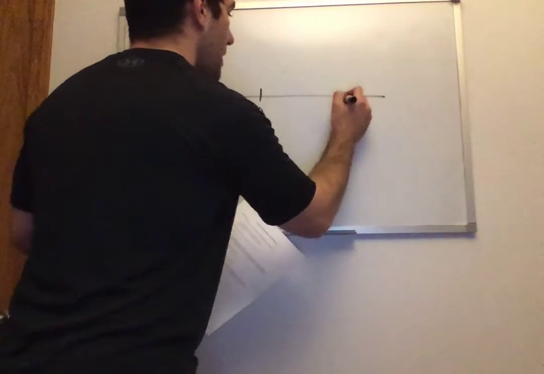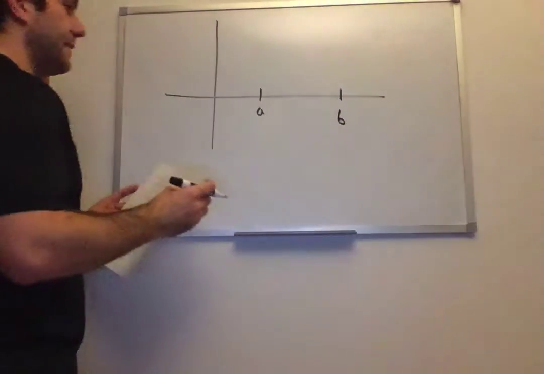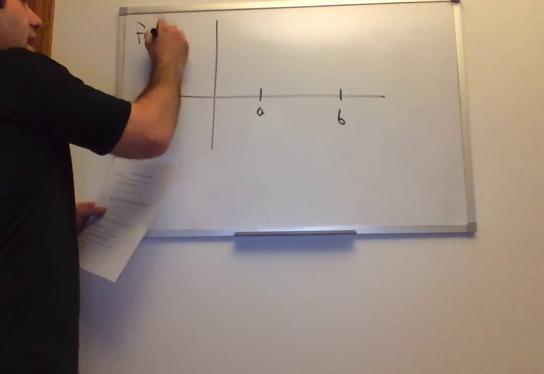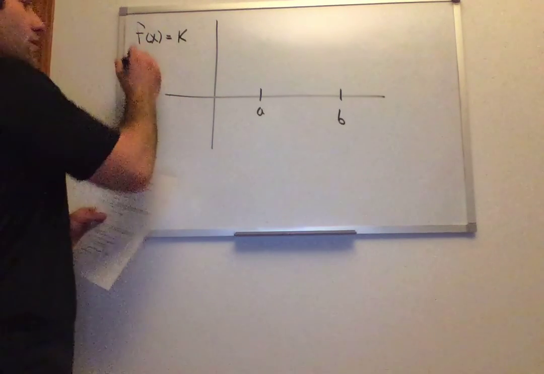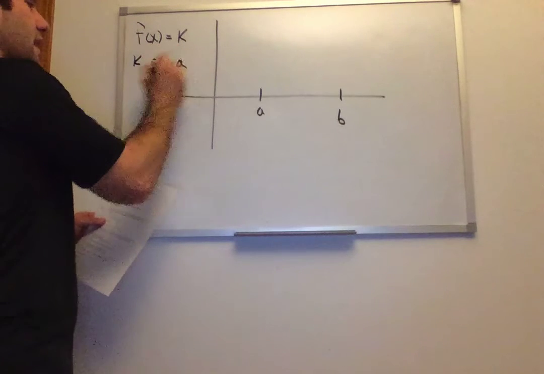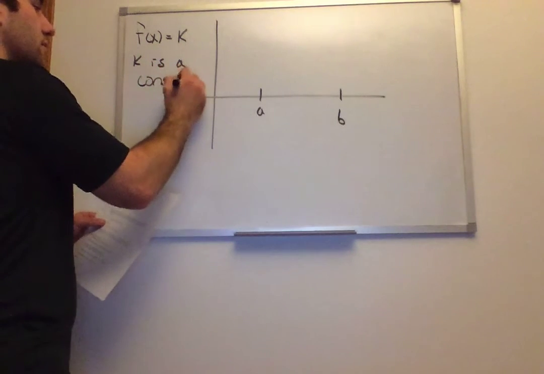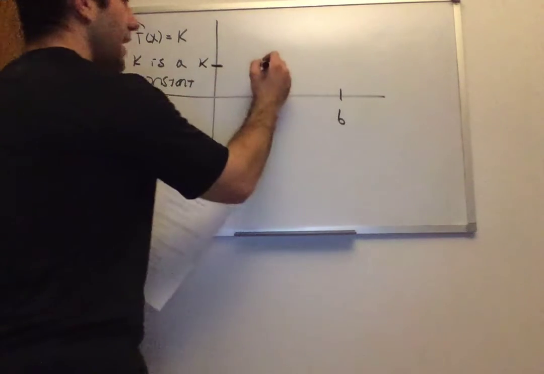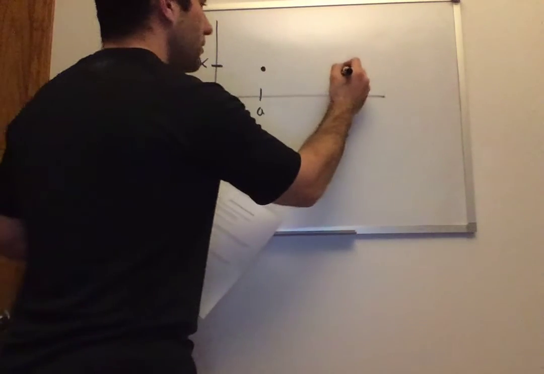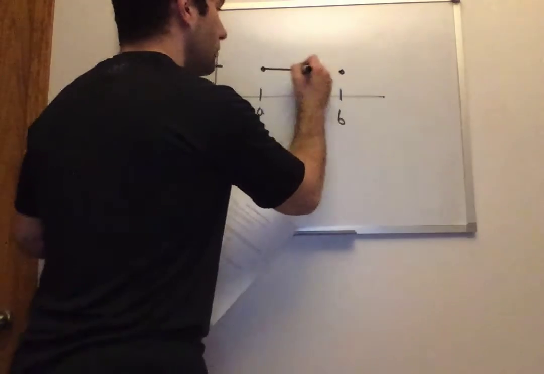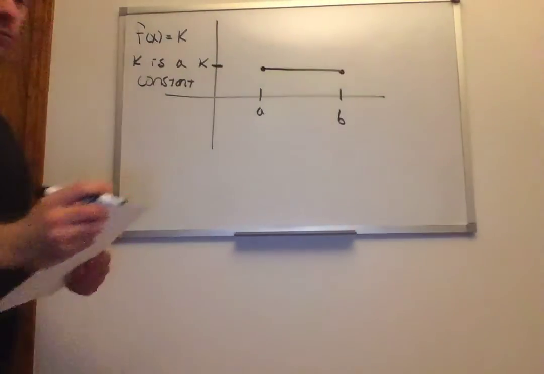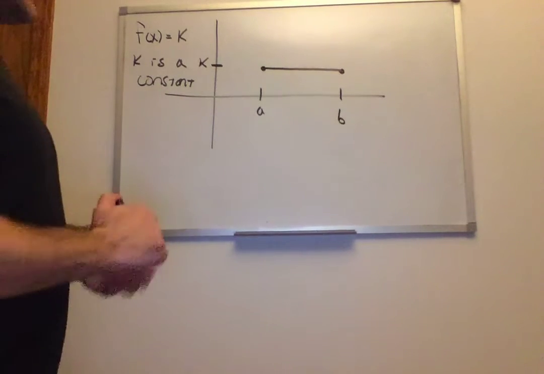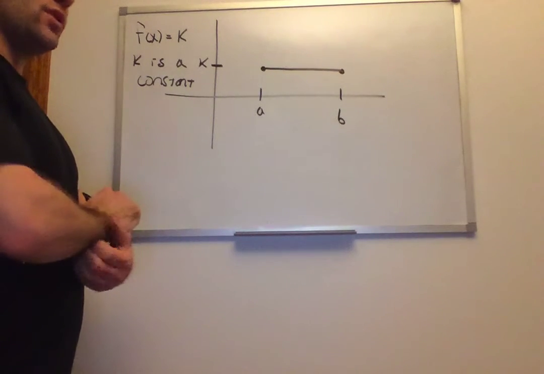See, right there's a, over there's b. Let's say f of x is equal to k, where k is a constant. So, right there's k, and on this closed interval, let's go ahead and talk about the three hypotheses of Rolle's theorem.